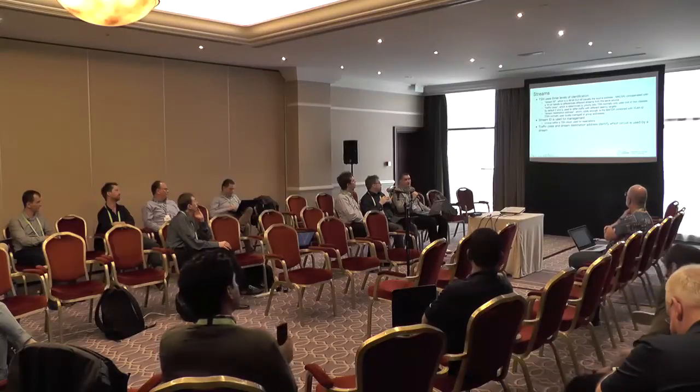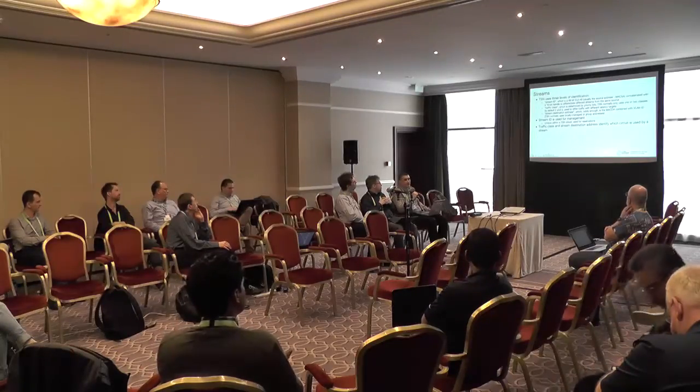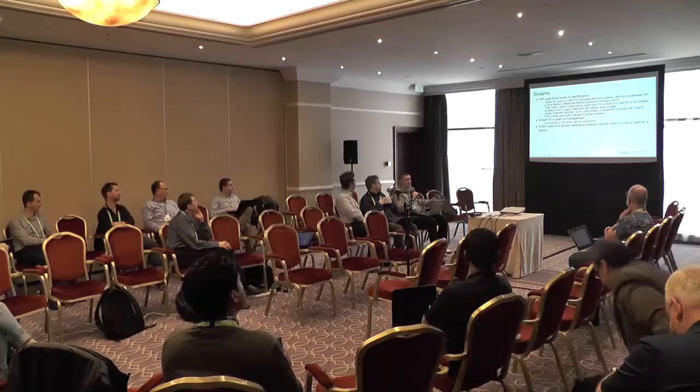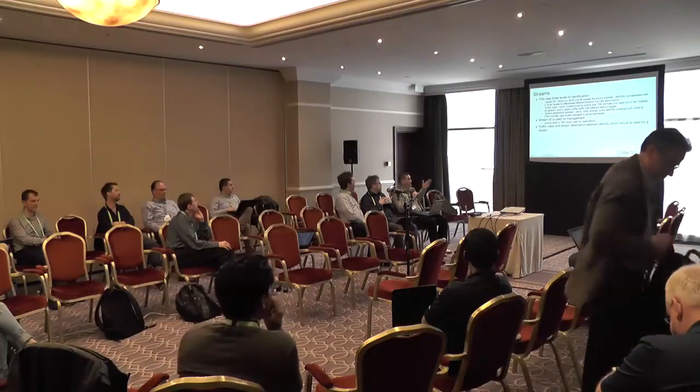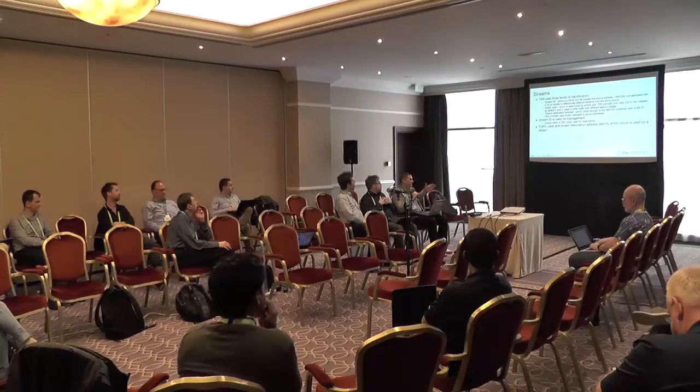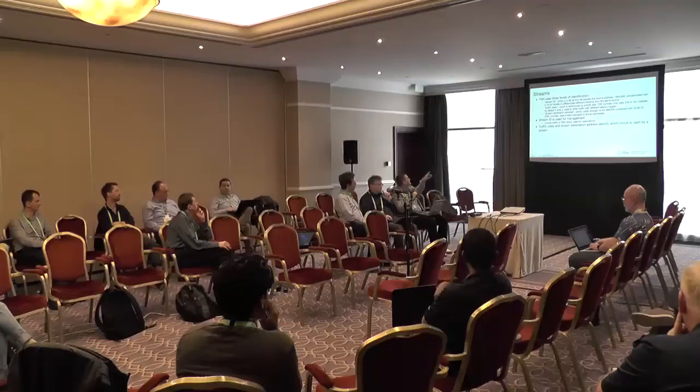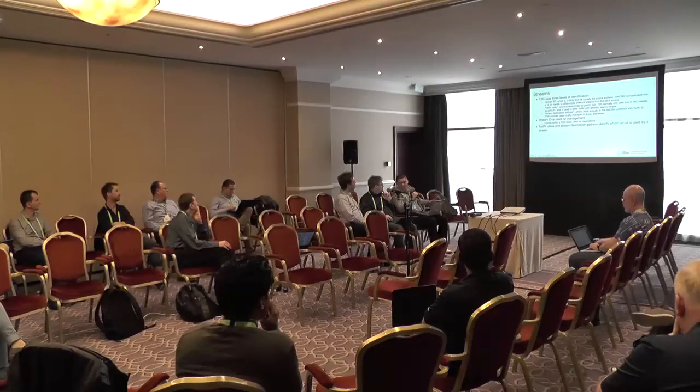For AVB traffic, for instance class A, we have a target of 2 milliseconds. And for AVB class B traffic the maximum latency is 10 milliseconds. And yeah, we have the stream destination address and other parameters.